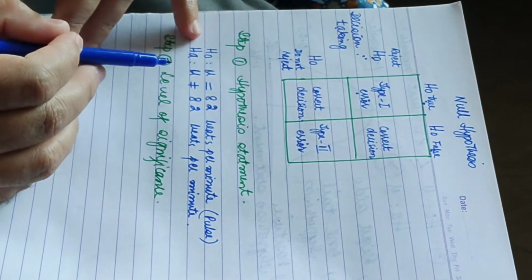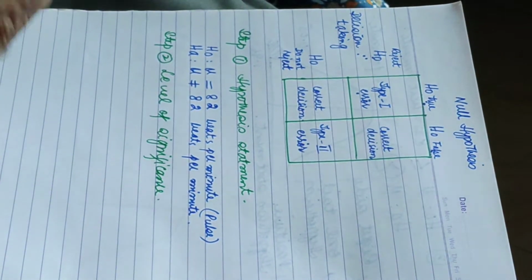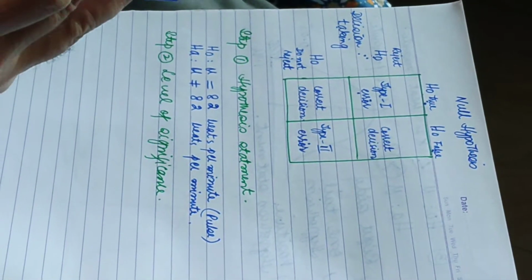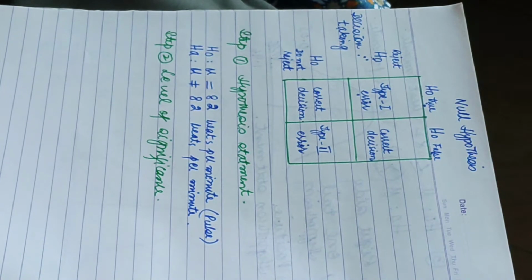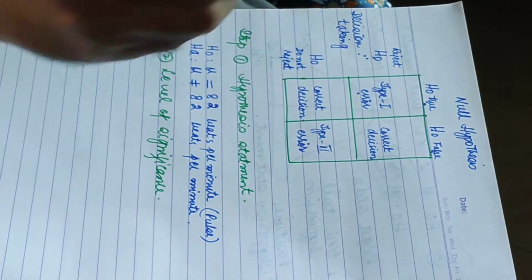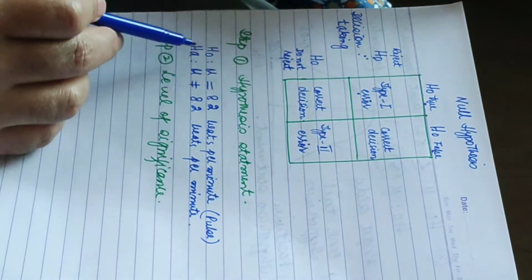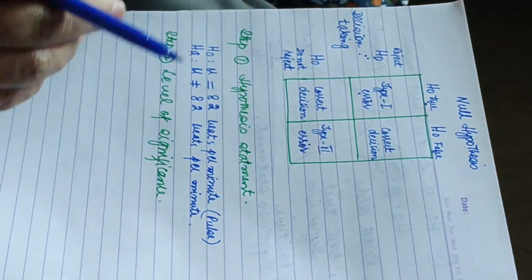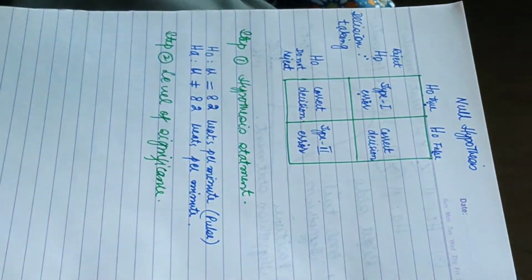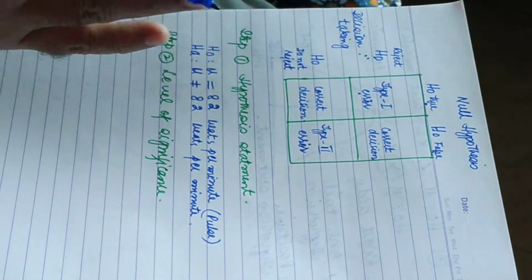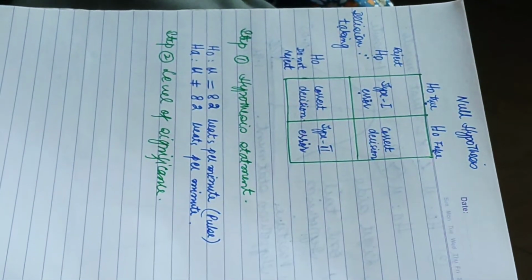In the alternate hypothesis, the researcher is conducting new research in which you are claiming against that null hypothesis statement. In the alternate hypothesis there is a difference between the population parameter and the specific value.